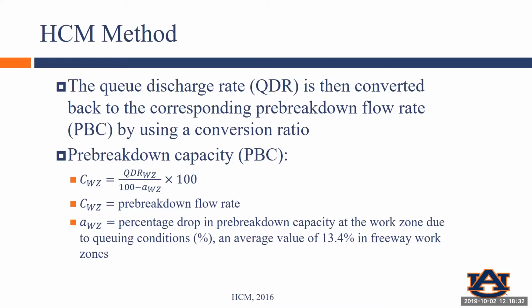Based on that number, you can probably estimate how long the queue is going to be, and other things. So this is the formula you can use to estimate the pre-breakdown flow rate. You only need to consider the percentage drop in pre-breakdown capacity in the work zone due to queuing condition, and this average value is 13.4% in a work zone.